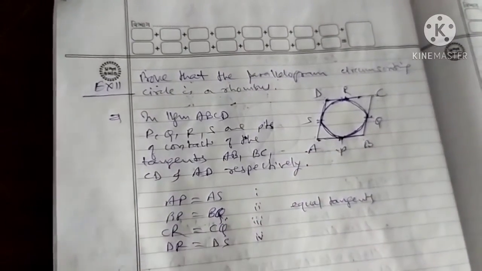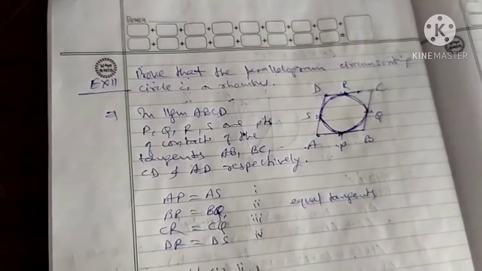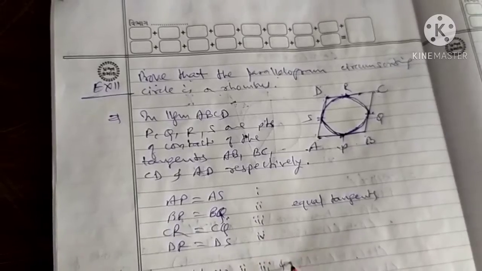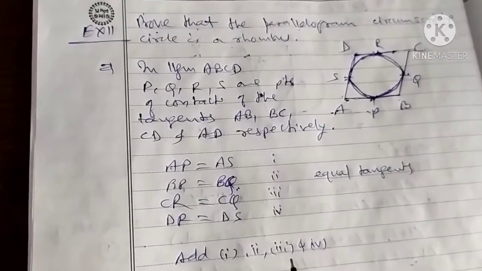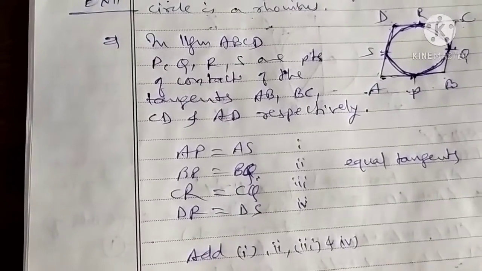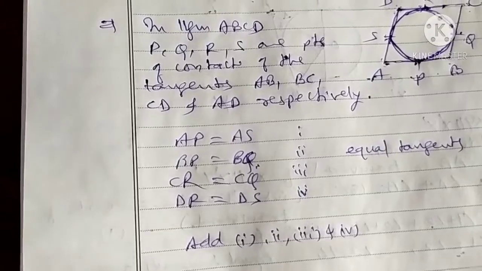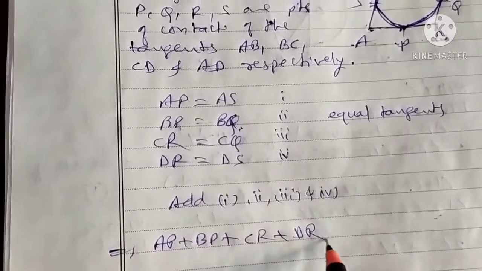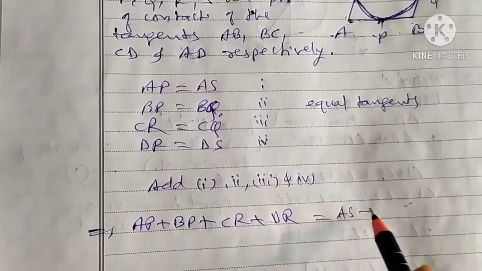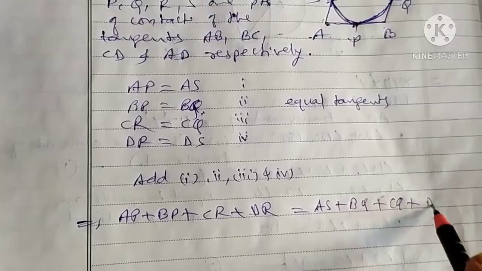Okay. Now add. See. Add 1, 2, 3 and 4. Clear? So we are getting, see, AP plus BP plus CR plus DR equal to AS plus BQ plus CQ plus DS.